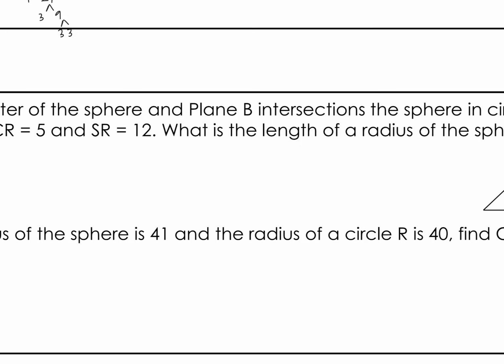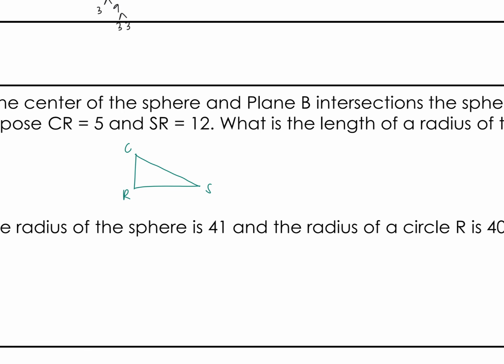And let's go ahead and label. So we had our C, R, and our S. They told me that SR was 12 and that CR was 5. So we're using that Pythagorean theorem, because it is a right triangle, to figure out the length of my radius, which will be that CS.